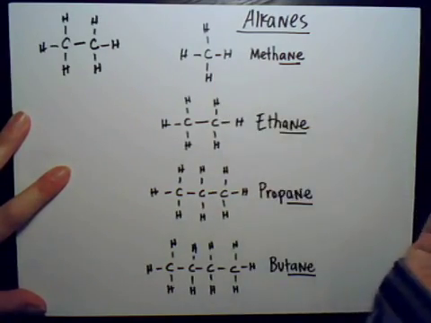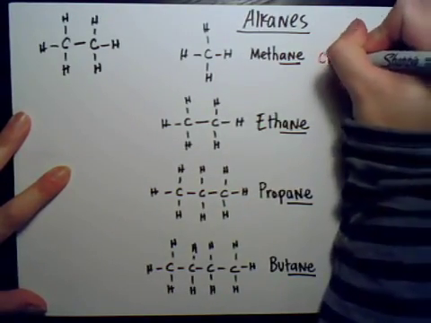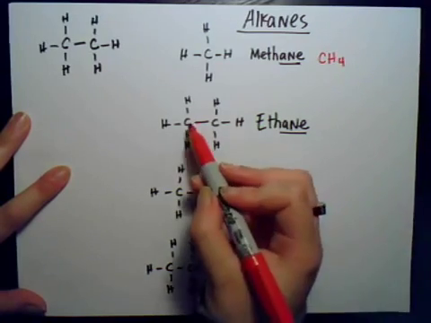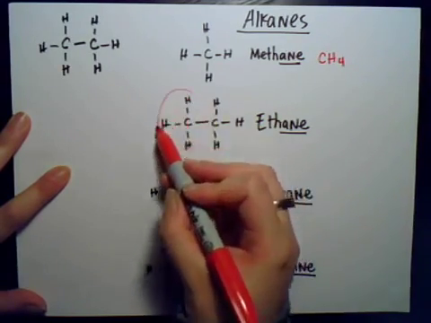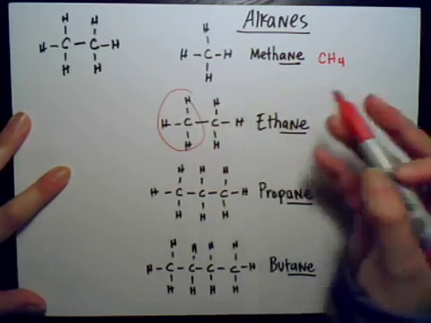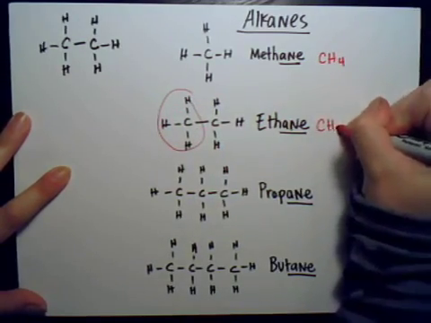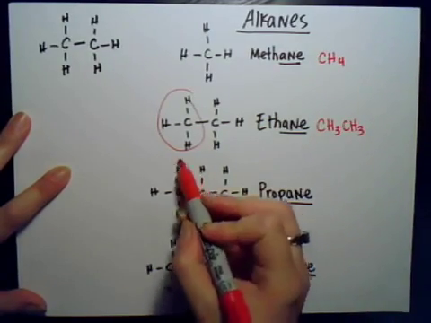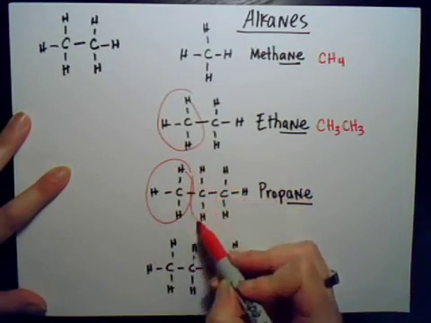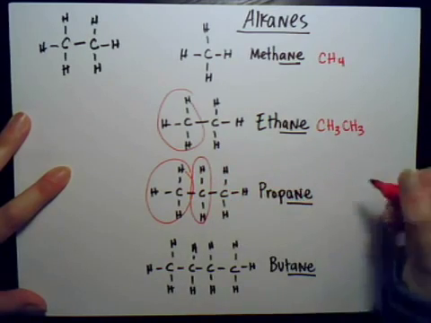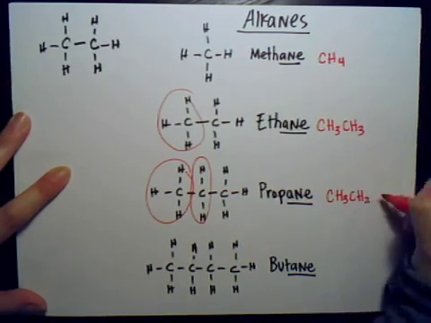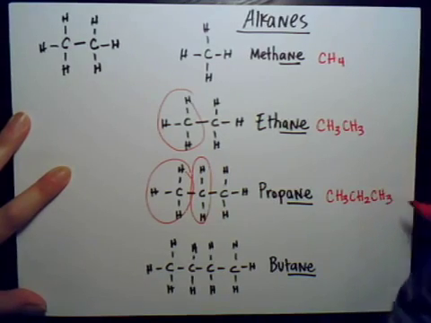In this case, we're going to have CH4. Here it's going to be CH3, CH3. In this case, we have a CH3, then a CH2 and another CH3, so this is CH3, CH2, CH3.